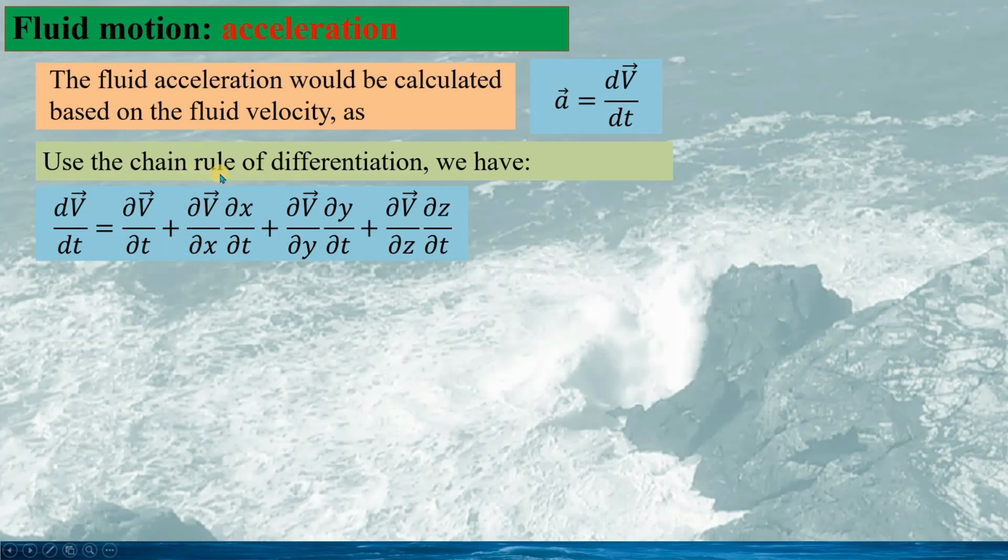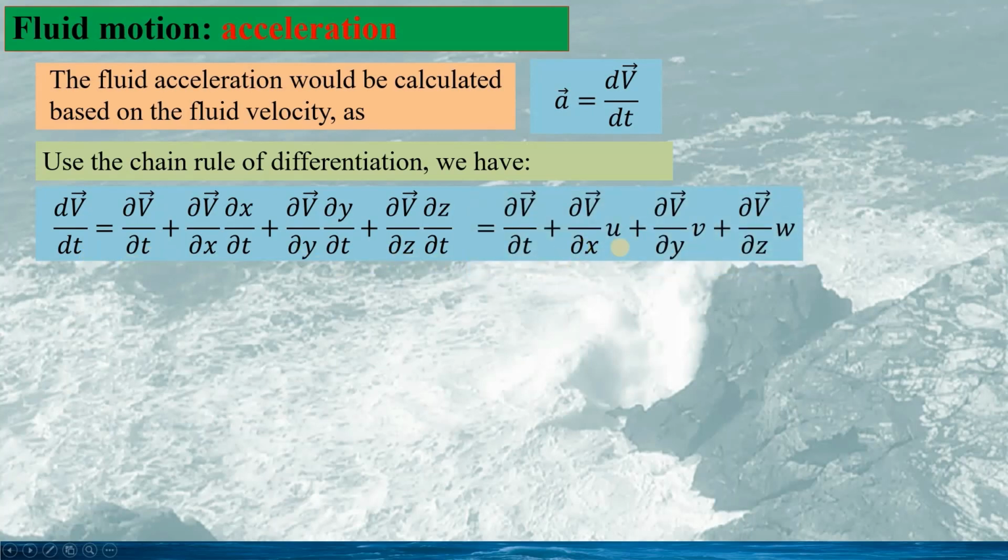Therefore, we can use the chain rule of differentiation. We can obtain the fluid acceleration in the Eulerian representation given as this. And as this, here u, v, and w are the component of the fluid velocity.